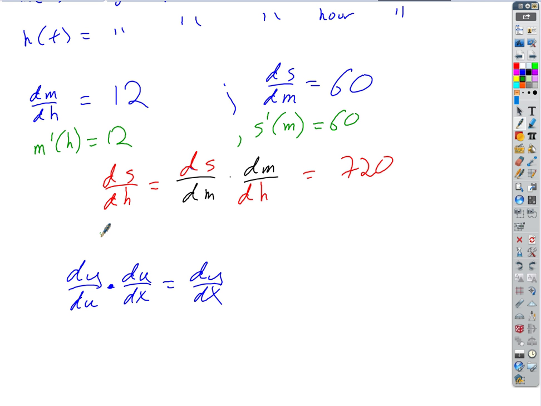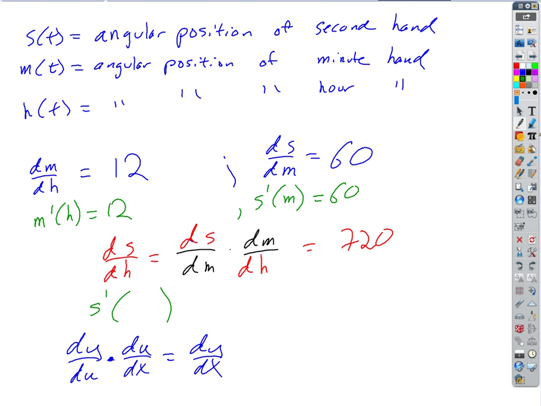This derivative, ds/dh, what that's really saying is s prime of what is m? Well, m is being related to h here, right? So if we want to do s prime of m, m is really related to h also, right?